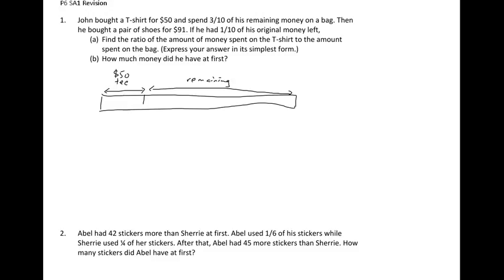How many parts must I cut the remaining into? 10. So 1, 2, 3, 4, 5, 6, 7, 8, 9. Of which 3/10 of the remainder is spent on a bag, correct? So for here, I pull down.